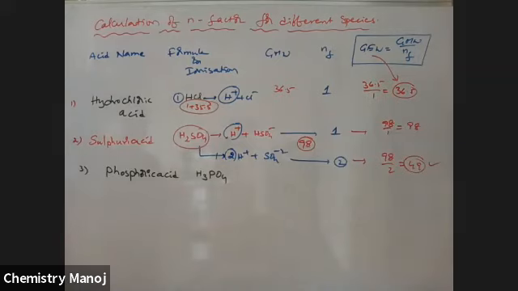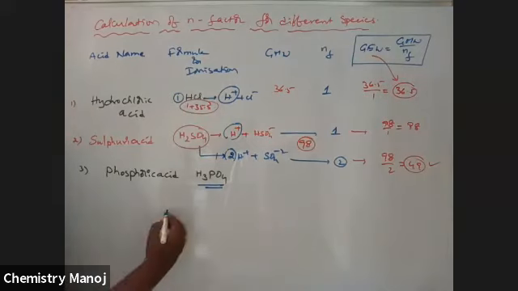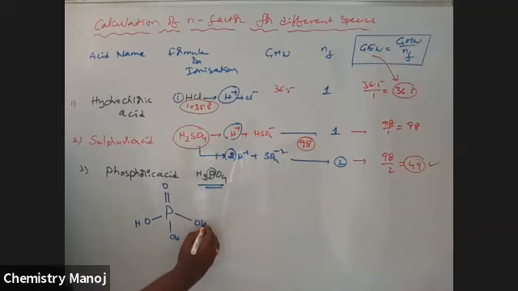How is this H3PO4 going to dissociate? Before going to that, please note down the structure. You must learn the structure of H3PO4. Here the central atom is phosphorus, with 4 oxygens, 1 oxygen with a double bond, and 3 oxygens connected with 3 OHs. This is the structure of H3PO4.